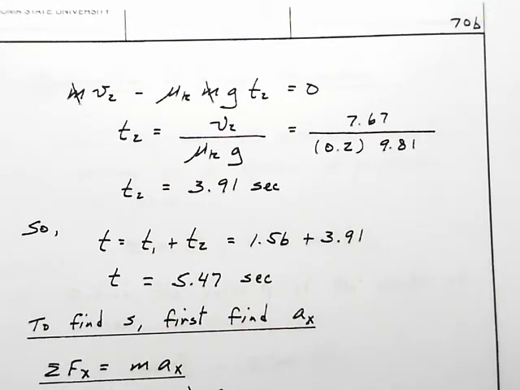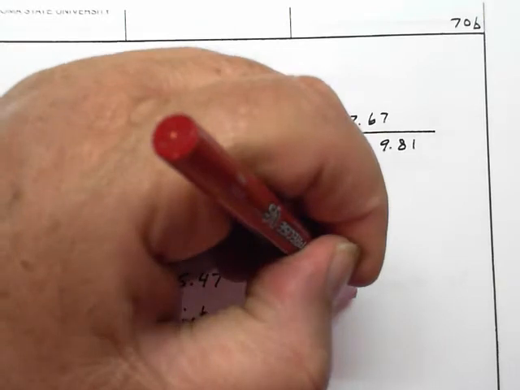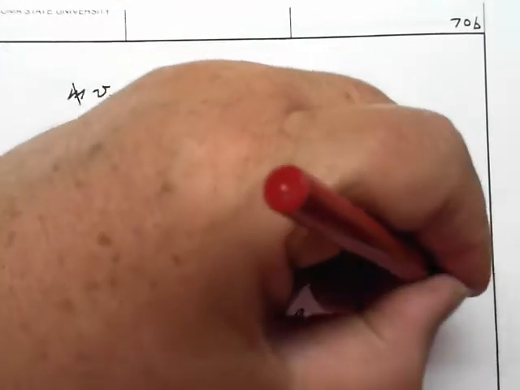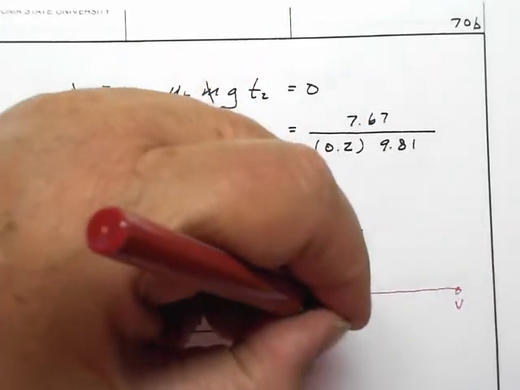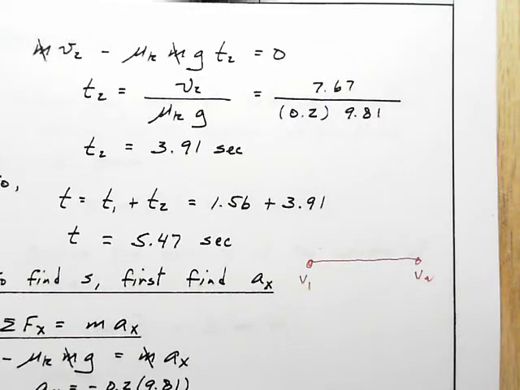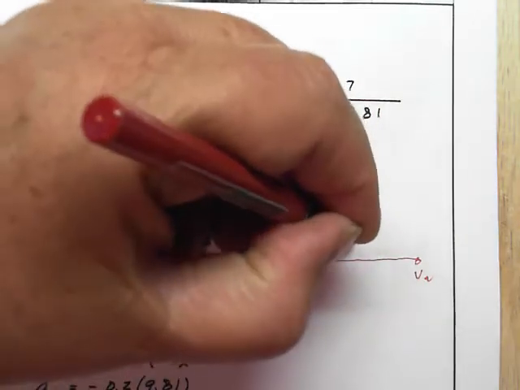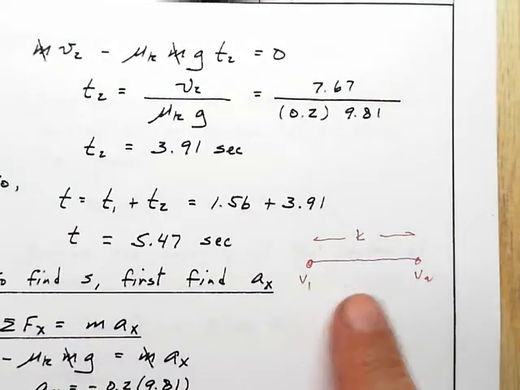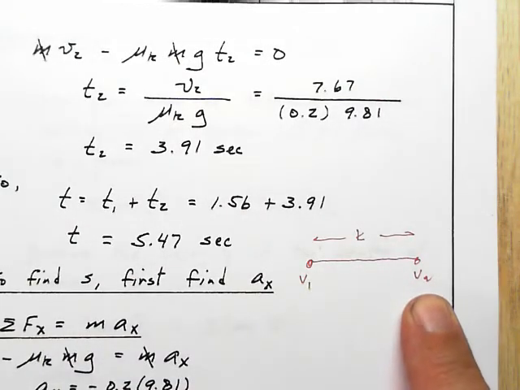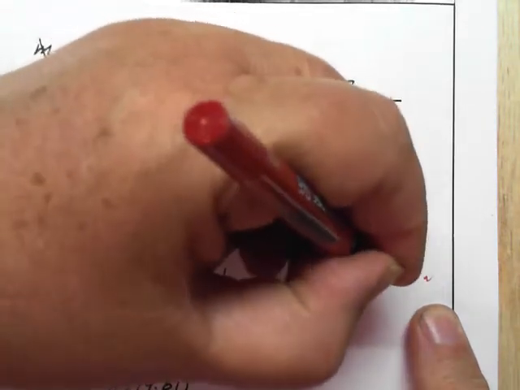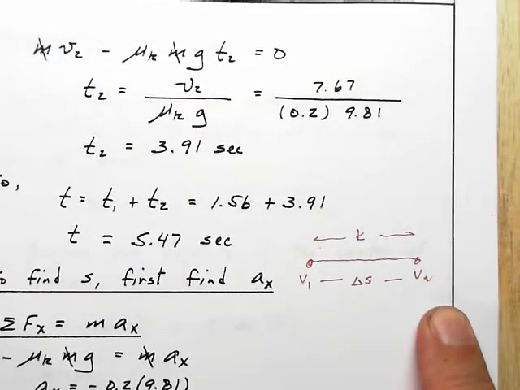Now that we know for the flat spot the starting velocity and the final velocity, we could call those V1 and V2. We know those velocities. We have just found the time that will take us from here to there, and we are looking for the delta S, the distance we slide from here to there.